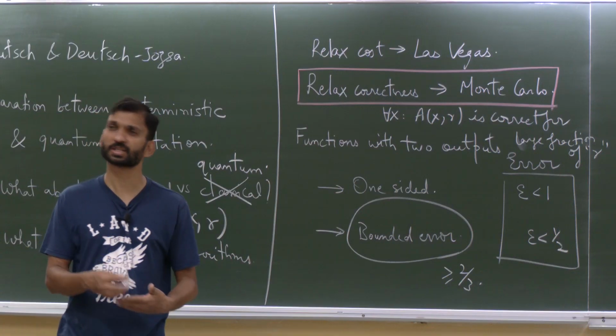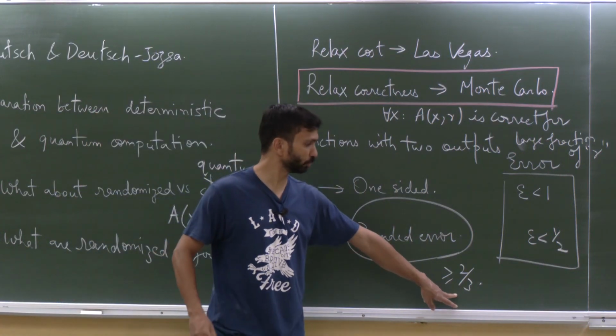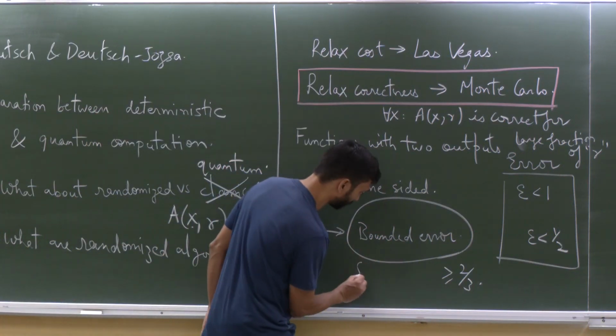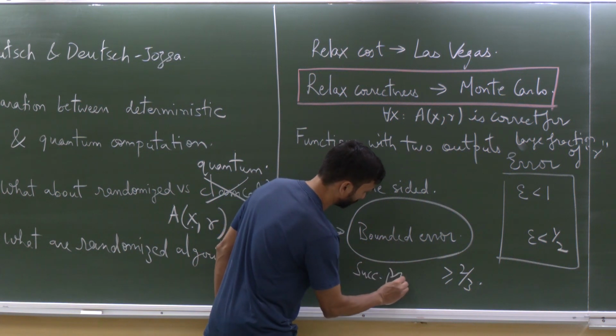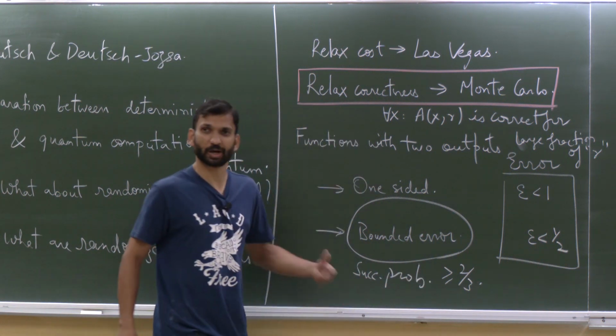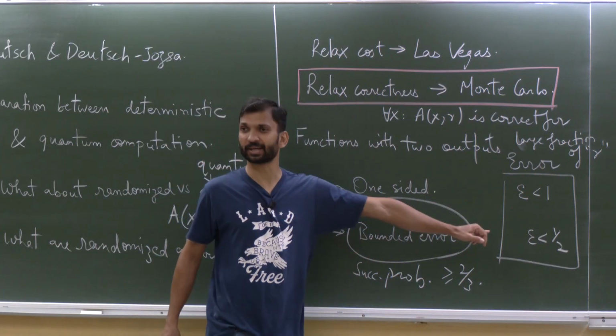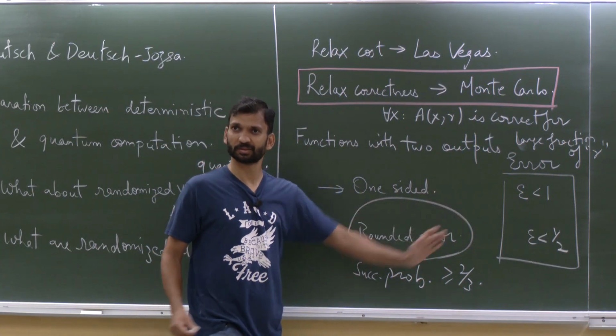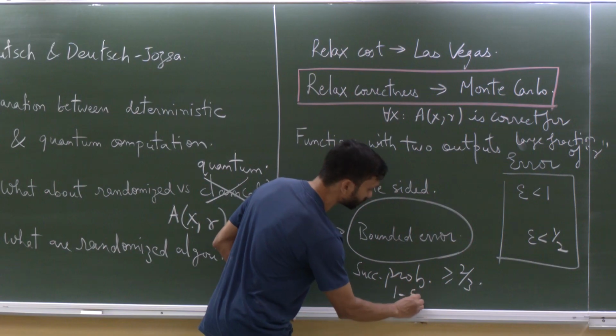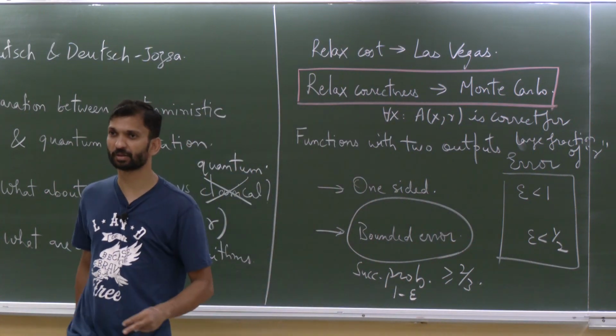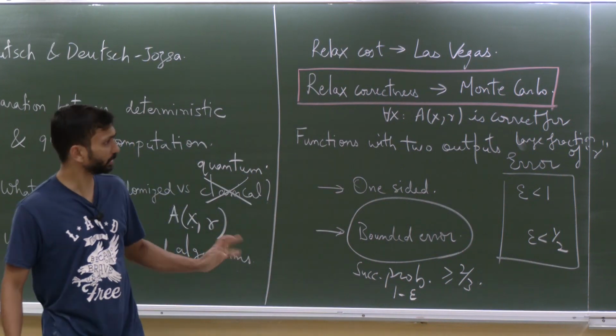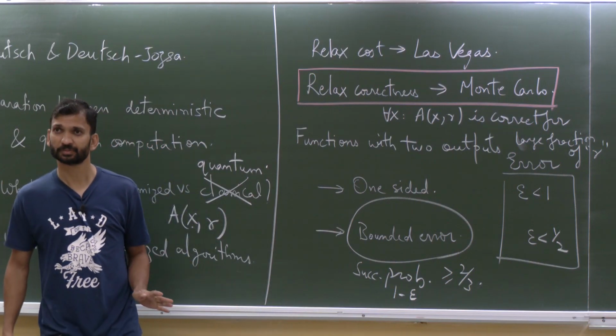With some repetitions, I can make the success probability 2/3. So I will keep switching between success probability and error probability. Correct? So this is, in some sense, 1 minus epsilon, where epsilon is the error probability. Right? So this should be greater than half.